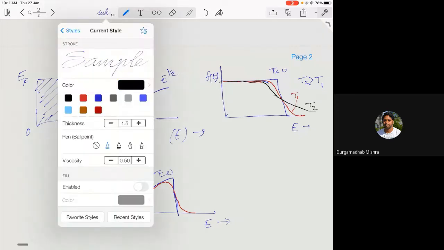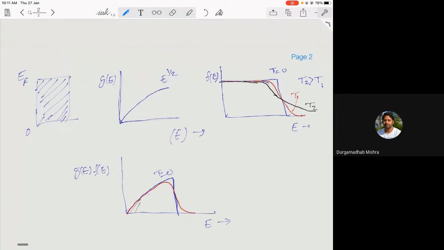The area under this curve will be your electron concentration per unit volume, the number of electrons per unit volume within the band. So this is your graphical way of looking at the electron concentration in a band.